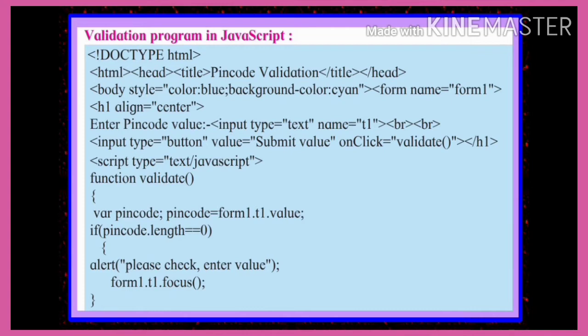And if you pass 0 by 0, it will return false. Let's see one example of isInteger. The example is given in our 12th standard textbook. The program is a validation program in JavaScript. Write doctype HTML, open HTML tag, head tag, title tag, having the title pin code validation, close title, close head. The next line, open body tag, style equal to color blue, background-color can.